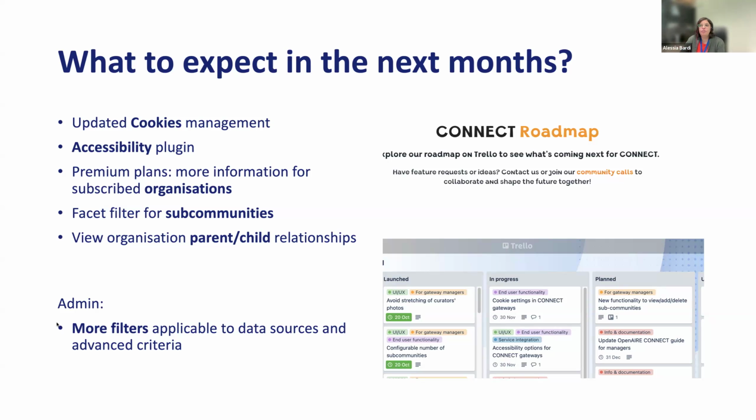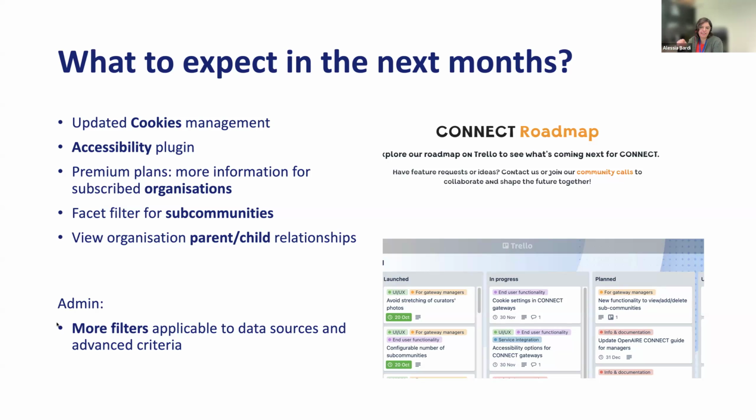From the technical point of view, we are working to add more information for organizations subscribed to the premium plans, and also to show the parent-child relationships of organizations, so that we can see, for example, that the Institute of Information Science and Technologies is a child of the National Research Council of Italy.